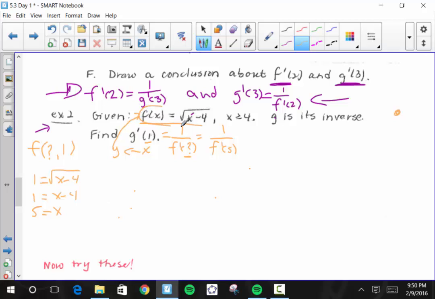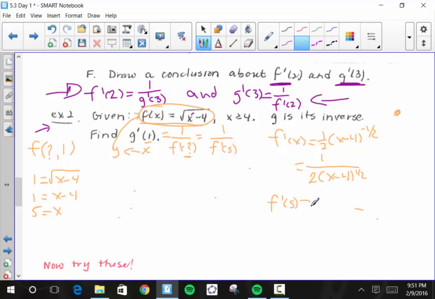Well, the derivative of this function, f prime of x, is equal to 1/2 times x minus 4 raised to the negative 1/2 power. So that's 1 over 2 times x minus 4 raised to the 1/2 power. Now let's find f prime of 5, which is what we're looking for.